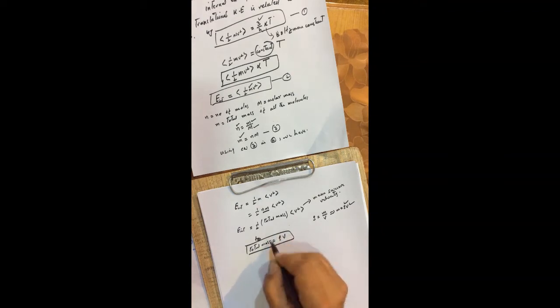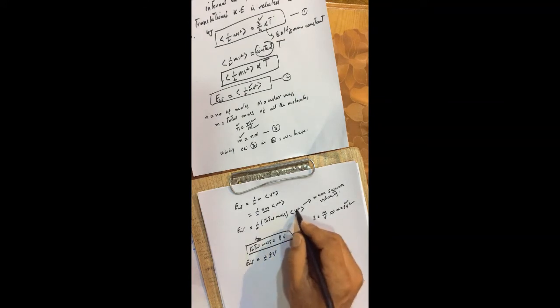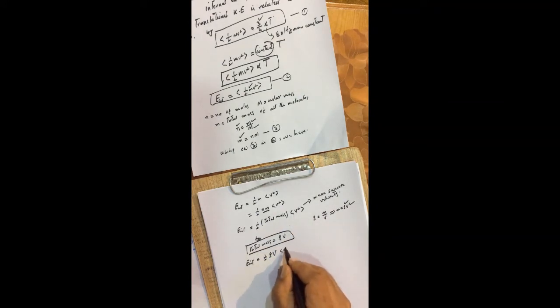If I put this value in the above equation, then the expression for the internal energy will be 1 over 2 rho V, where capital V represents the volume and this small v represents the velocity. It is the mean square velocity.